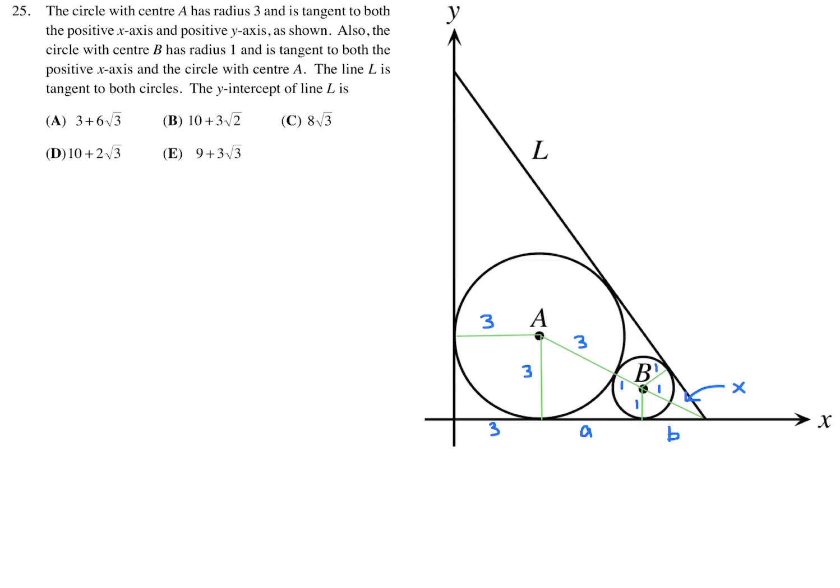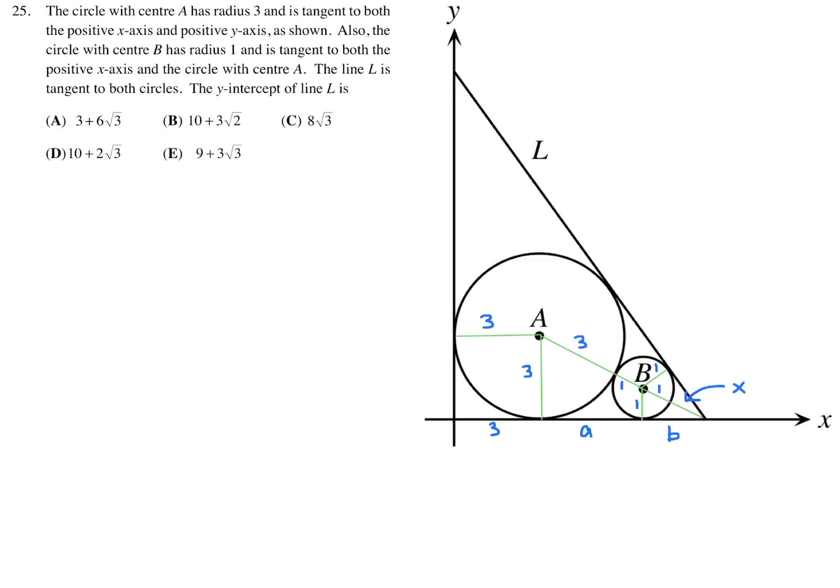So let's work with this. Let's see what we can find. Now the first thing I notice is that we have a similar triangle relationship. We have this triangle, and that triangle is similar to this one, this little one right here. Because those triangles are similar, the ratio of the sides are the same.